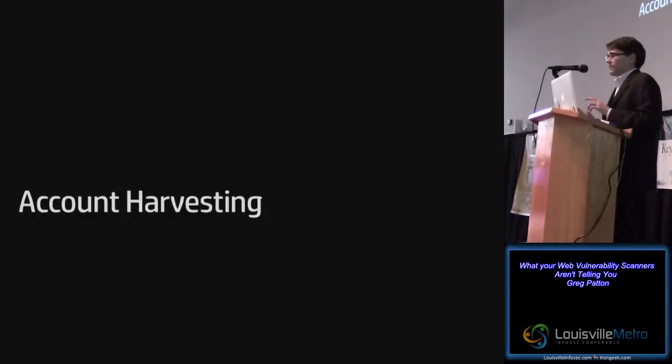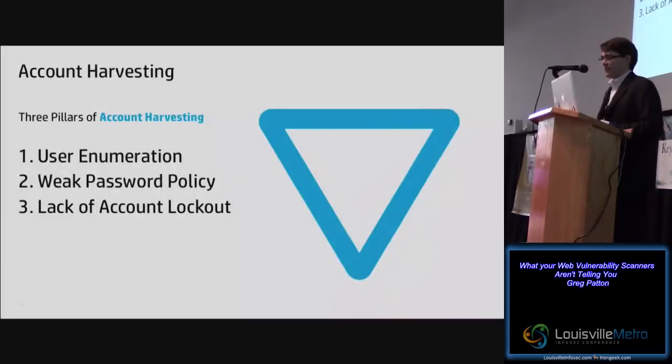So a couple of these authentication flaws can be combined into something that I think is super bad, called account harvesting. Three of the items I just talked about are the pillars of account harvesting: user enumeration, weak password policy, and lack of account lockout. Account harvesting is where I can harvest a list of valid usernames and passwords that will authenticate to the system.